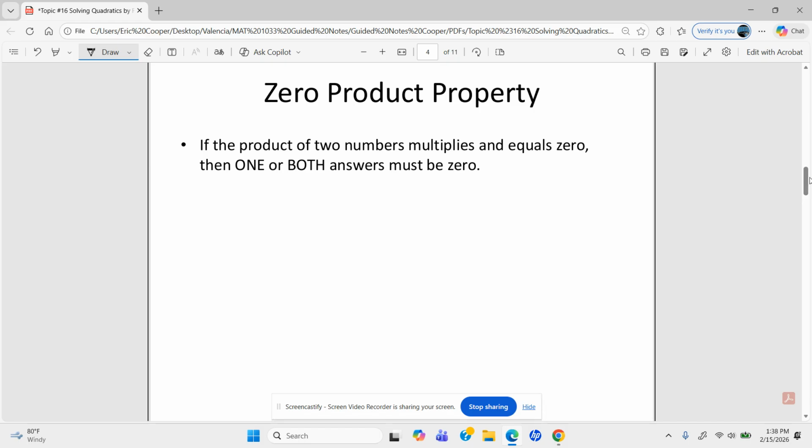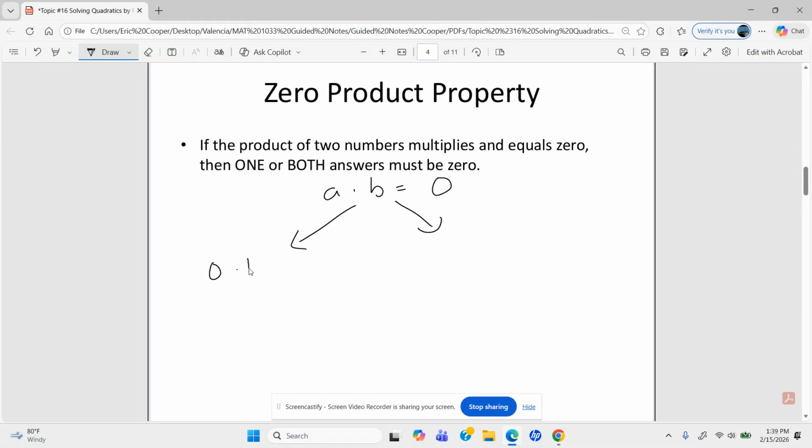Before we get into solving quadratics, let's take you through the zero product property. The zero product property states that if the product of 2 numbers multiplies and equals 0, then one or both answers must be 0. So when you look at it from a logical aspect, if I have a times b and it equals 0, the only way that works is one of 2 ways.